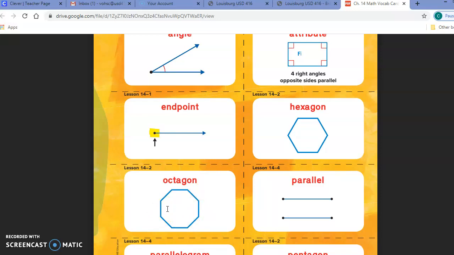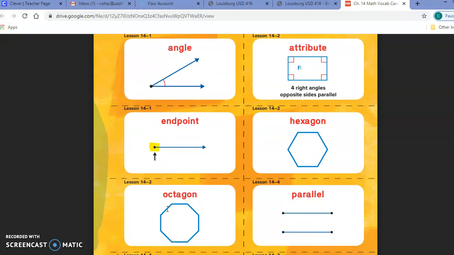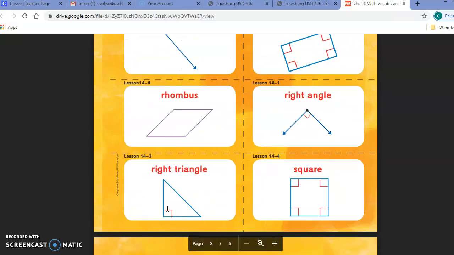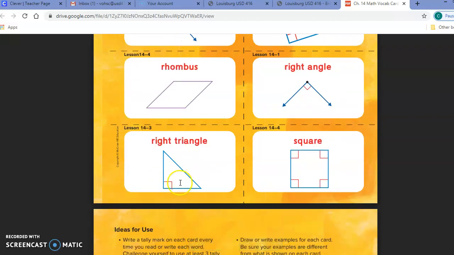Next week we'll look at lesson 14-3, and inside that one you're going to start talking about more specific shapes. For instance, you will come across a right triangle, which just means it's that triangle with the 3 angles and sides, but one of the angles has to make that right angle or that square angle in it.